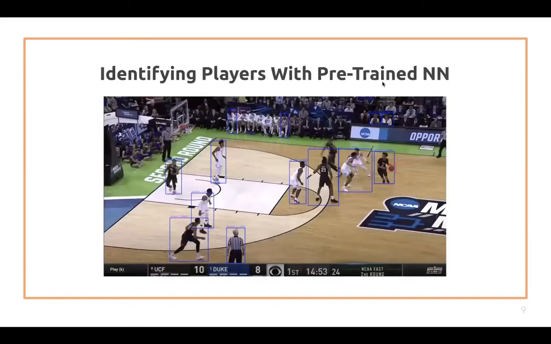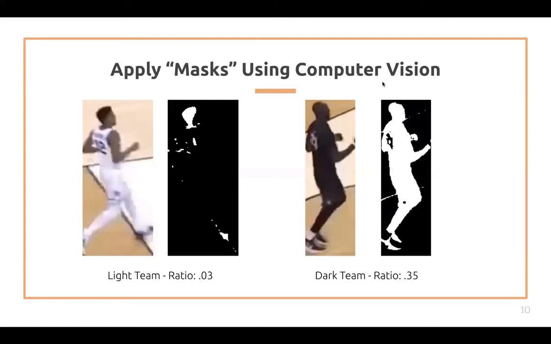So far, after we could identify the basketball, we wanted to start identifying the players. What I did is I utilized a pre-trained neural network. And as you can see here, I added it to my pipeline, and it is indeed able to identify the players on the court. But which team are they on? To answer that, I used OpenCV and computer vision to grab each player's bounding box and take a ratio of its light pixels versus its dark pixels.